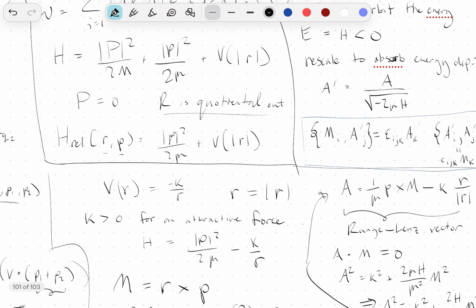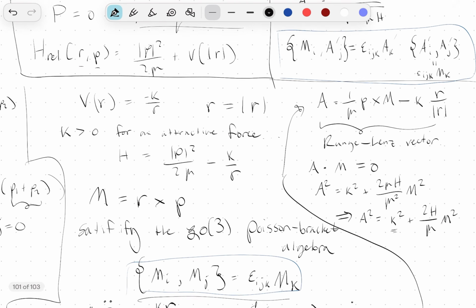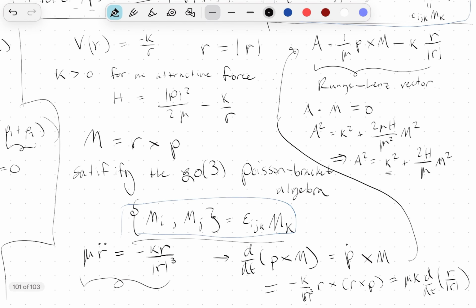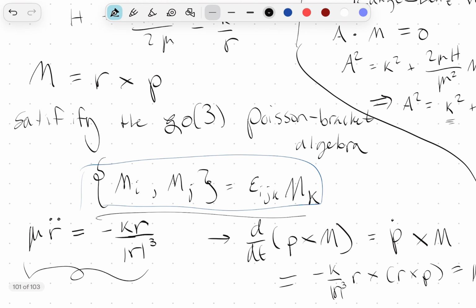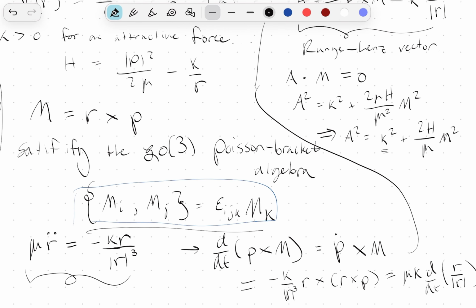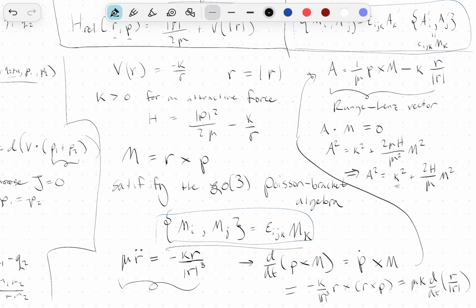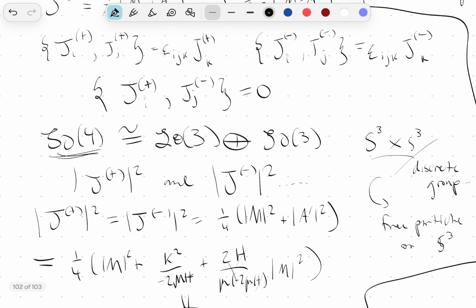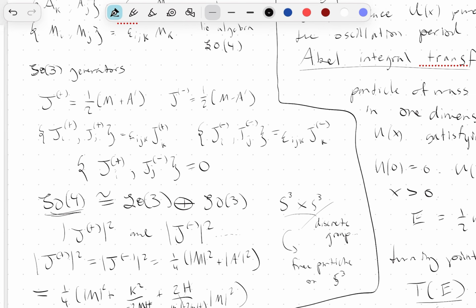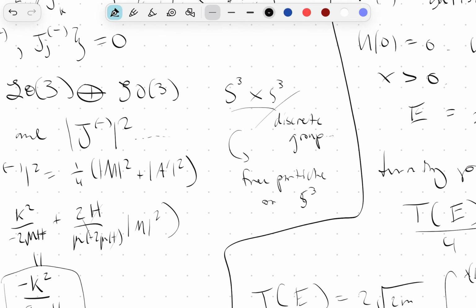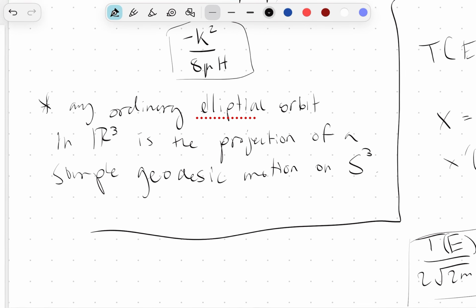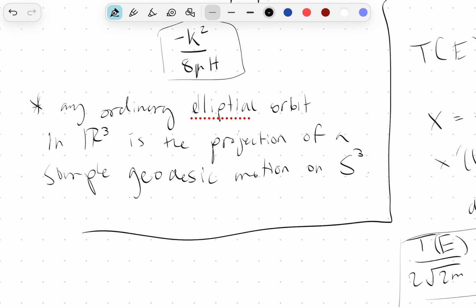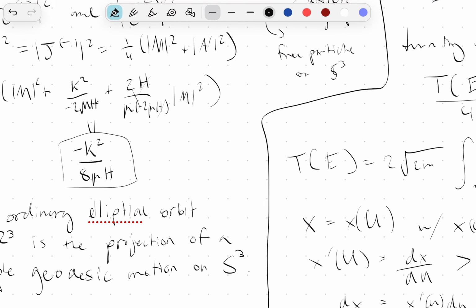And then we also showed that when the force is exactly inverse square, the reduced system exhibits not just the obvious SO(3) rotations, but also an extra conserved Runge-Lenz vector that, together with angular momentum, generates a larger symmetry, SO(4). This explains the closed elliptical orbits and points to a geometric interpretation on the 3-sphere, where ordinary elliptical orbits in R3 are just the projection of simple geodesic motion on the 3-sphere.